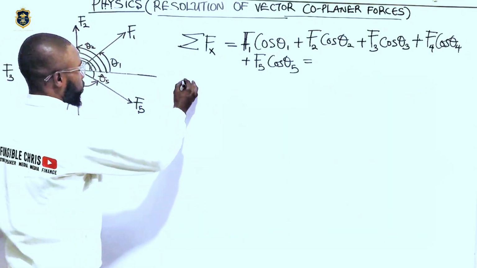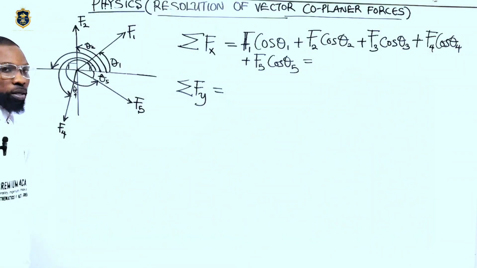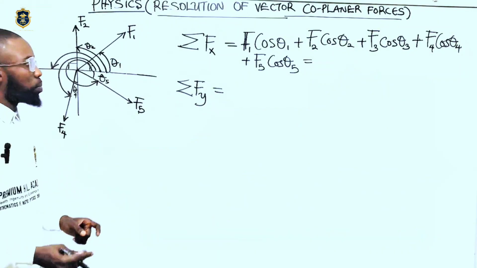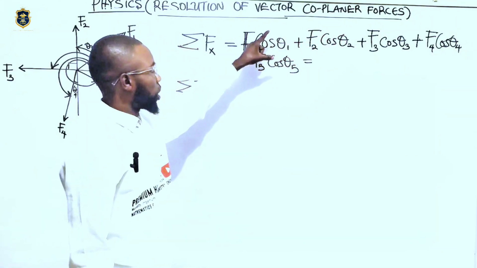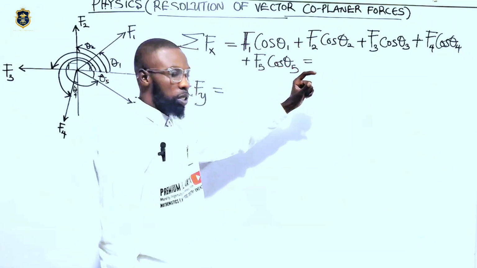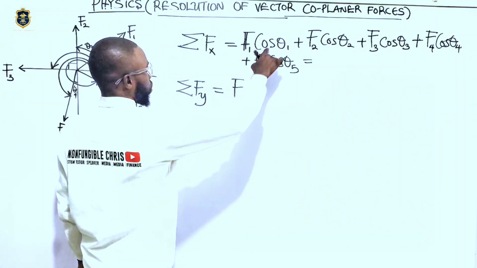Having done that, we resolve all the forces again along the y-axis. Because we have already taken the time to get all the individual forces for the x coordinate, what we do for the y coordinate is just change cos to sine.